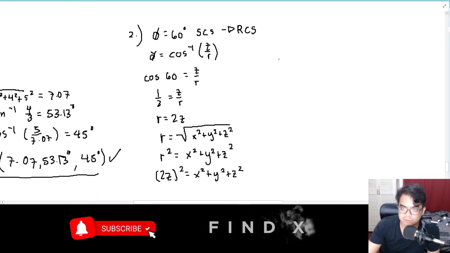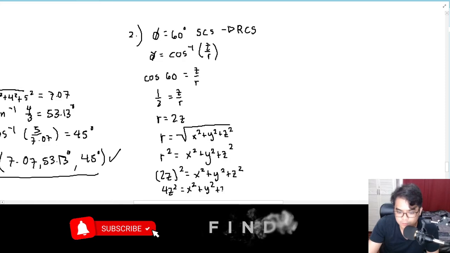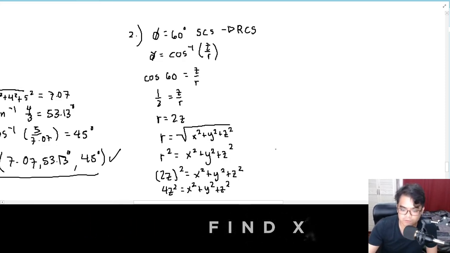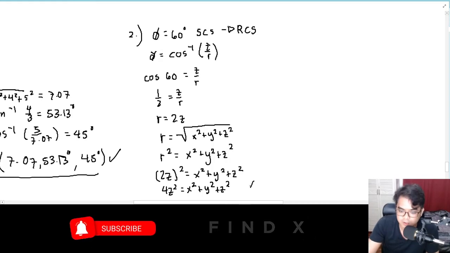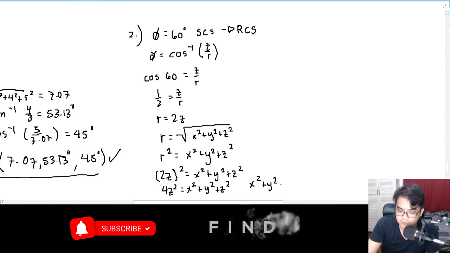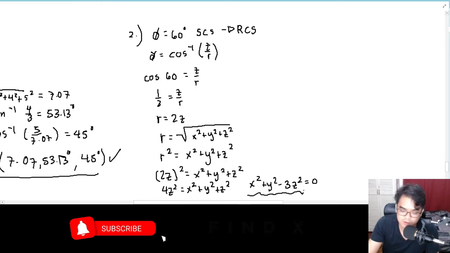Let's change r into 2z. So 2z squared equals x squared plus y squared plus z squared, which becomes 4z squared equals x squared plus y squared plus z squared. Then transpose 4z squared, and the final answer will be x squared plus y squared minus 3z squared equals 0. Now it is in RCS, and this will be your answer.